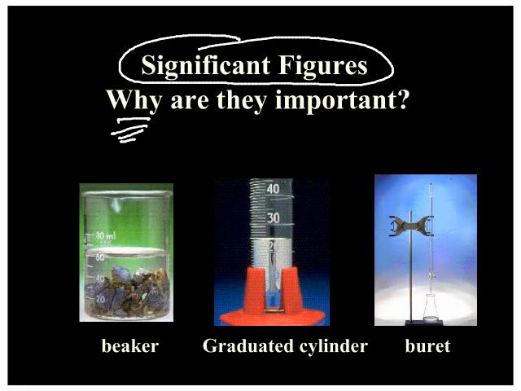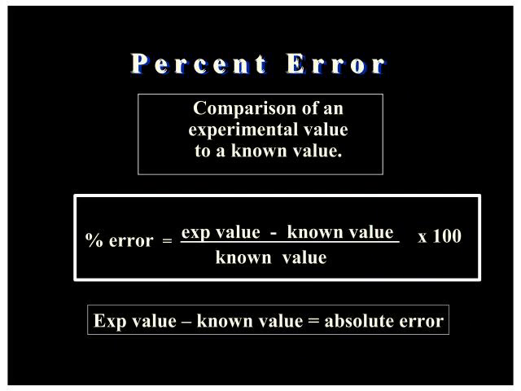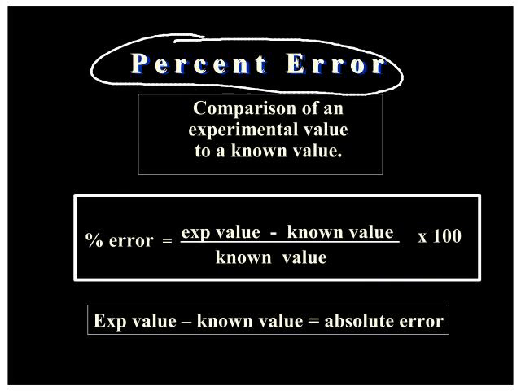Not just knowing the rules, but knowing why they are important and what information you get from them. Once you are familiar with all of your lab procedures, then you'll use your percent error as a way to figure out how good you were in lab. It's a comparison of your experimental value with a known value. And of course, I'm sure you remember the formula.